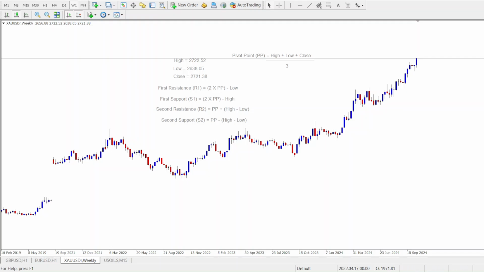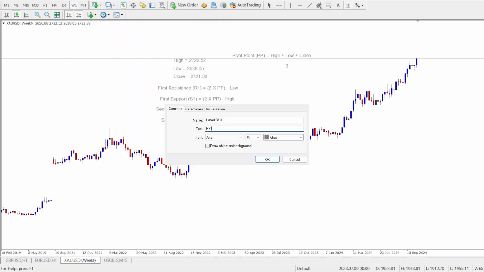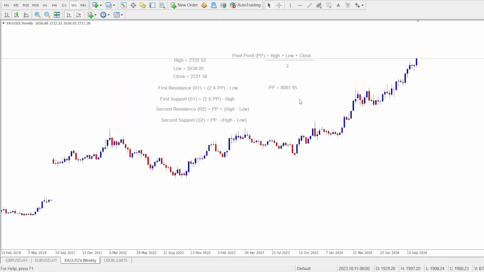Our pivot point is equal to the high being 2722.52 plus the low being 2638.05 plus the close being 2721.38. So our pivot point is 8081.95.